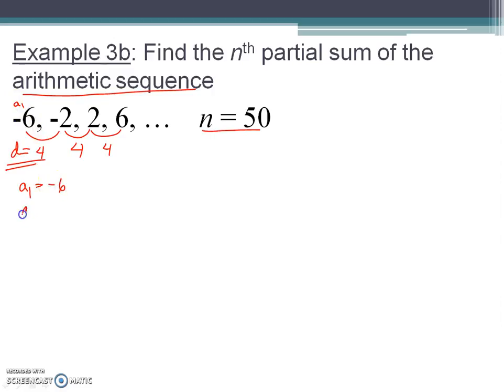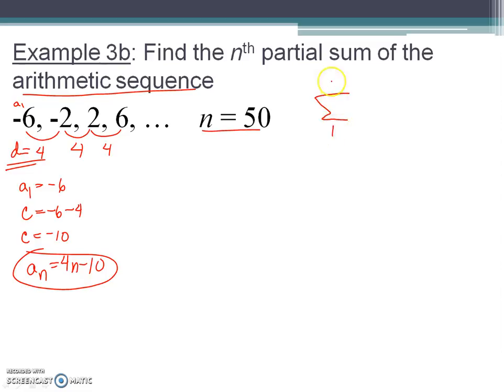So we can calculate that c value: -6 minus that common difference. c is equal to -10. So our formula is 4n minus 10. And so what we want to do is essentially find the sum from 1 to 50 of 4n minus 10.